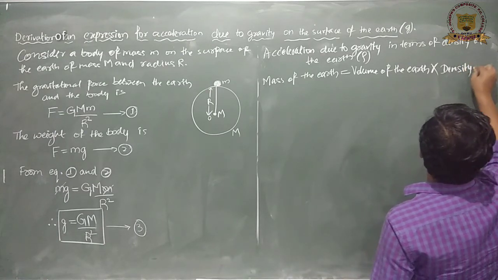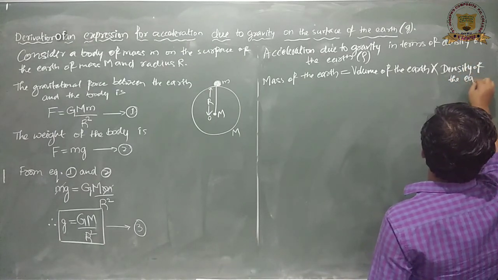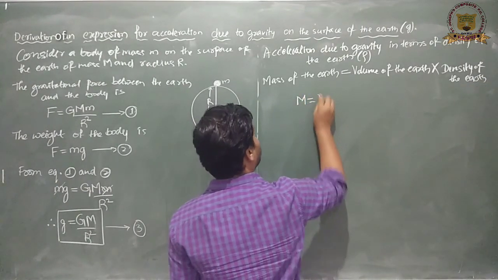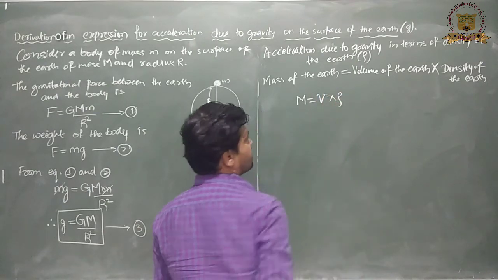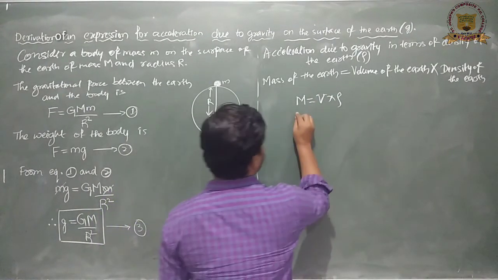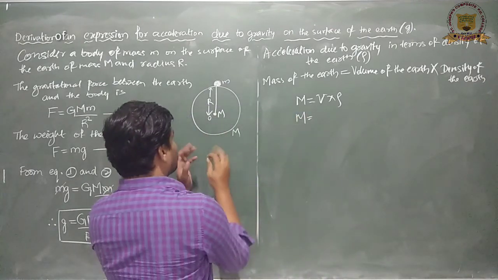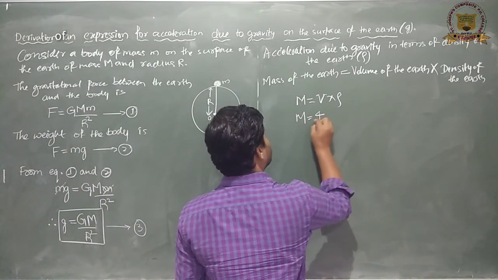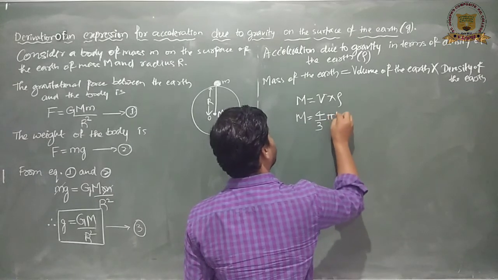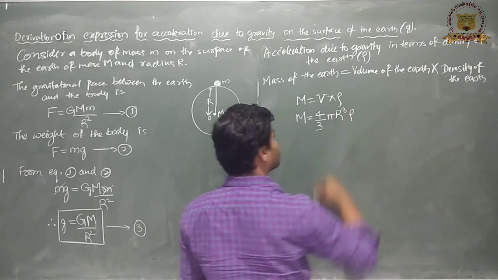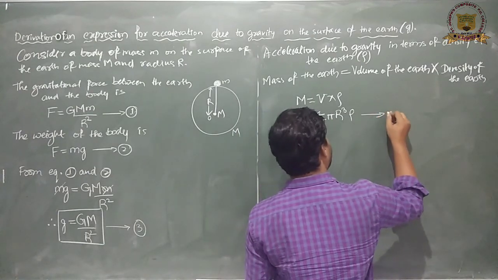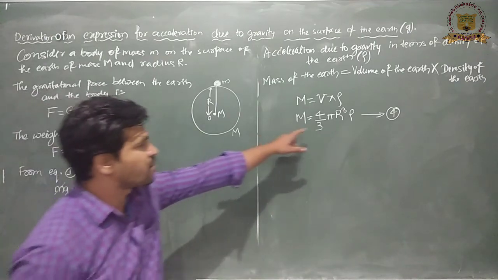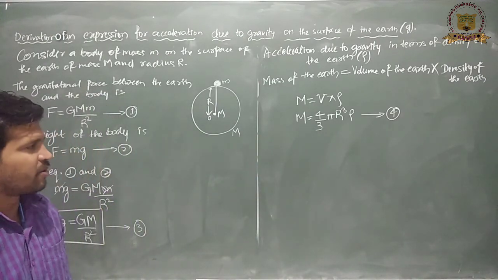Mass of the earth is capital M, volume of the earth is V, and rho is the density of the earth. The shape of the earth is considered spherical, and the volume of a sphere is given by 4 by 3 pi R cube, where R is the radius of the earth. This equation gives the mass of the earth in terms of the density of the earth.